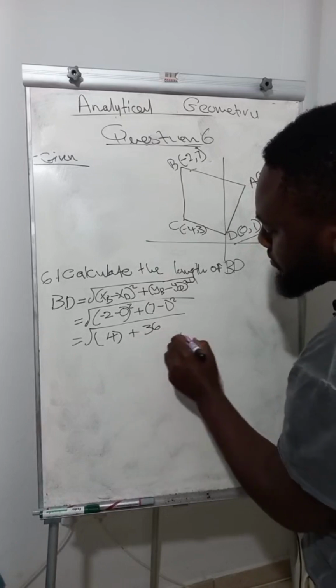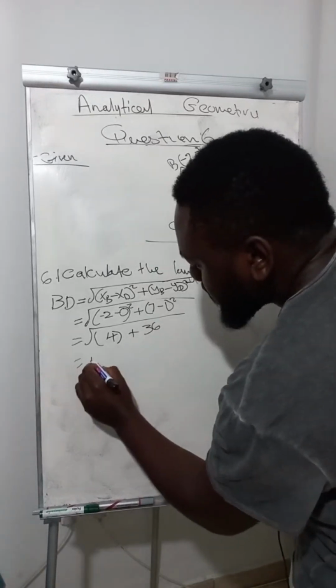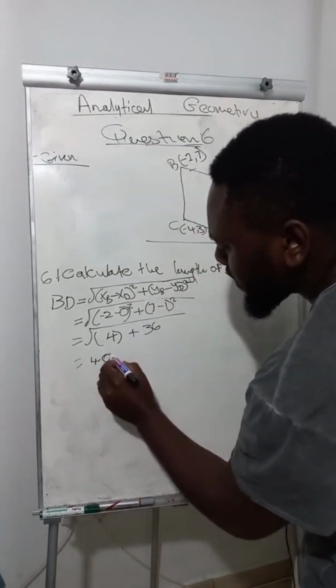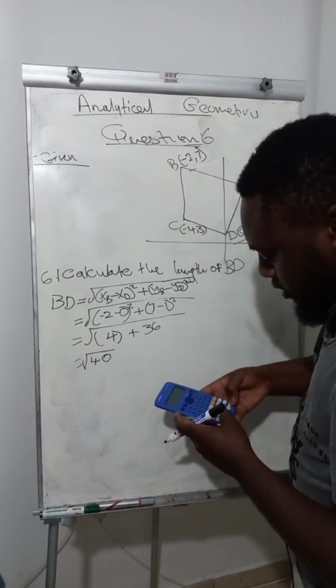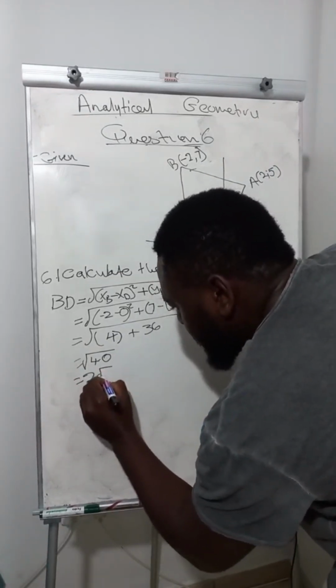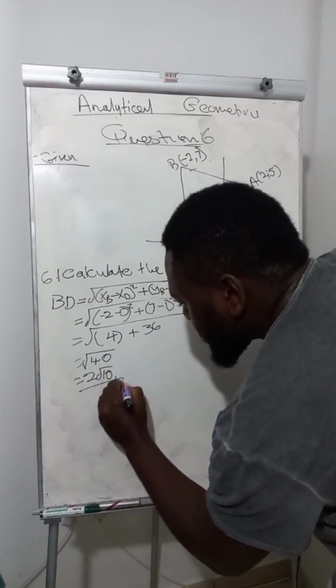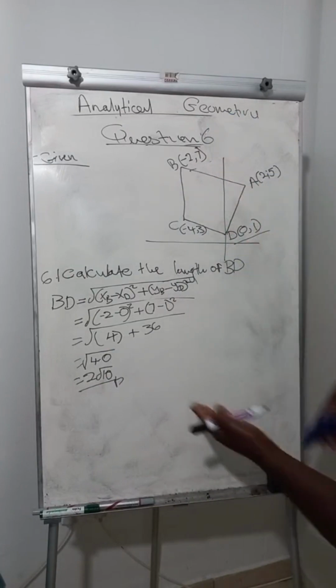So 36 plus 4 gives you 40. Now keep the square root. The square root of 40 gives you 2 root 10. So that's it. It means our distance of BD is 2 root 10.